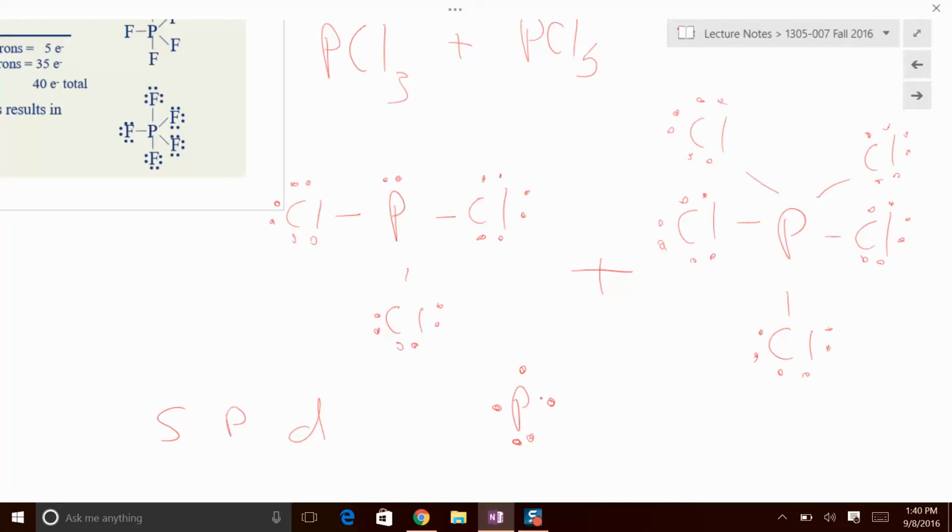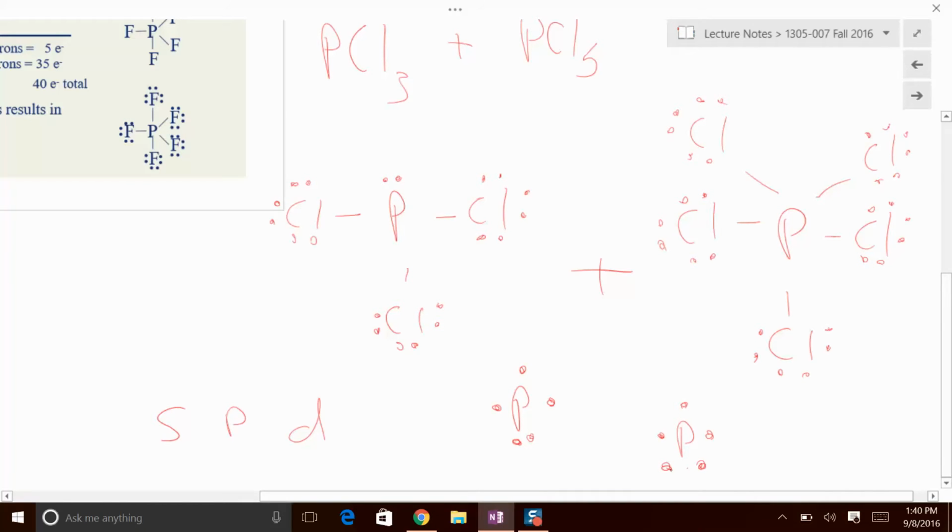And now it has 5 unpaired electrons. And because it has 5 unpaired electrons, it can create 5 bonds. So we call this expanded octet. It has an expanded octet. So the expanded octet allows it to make more bonds.